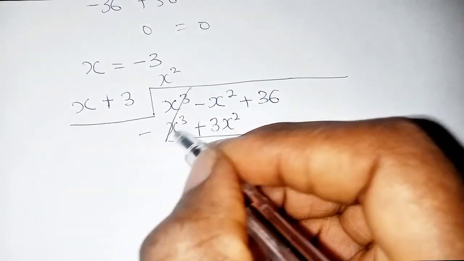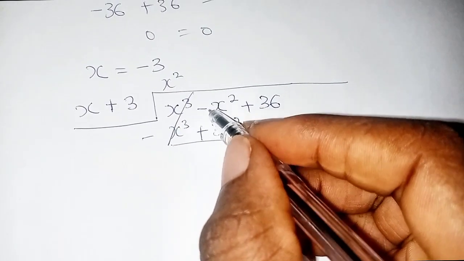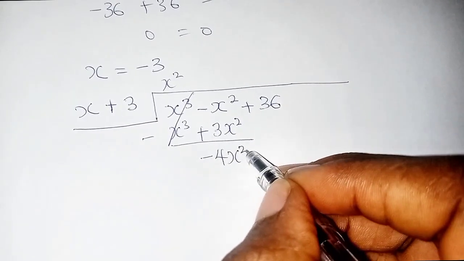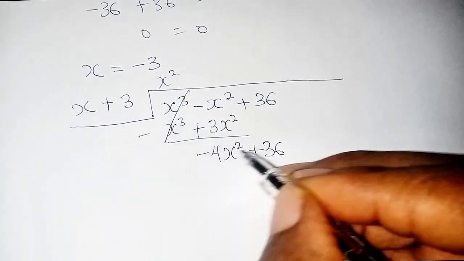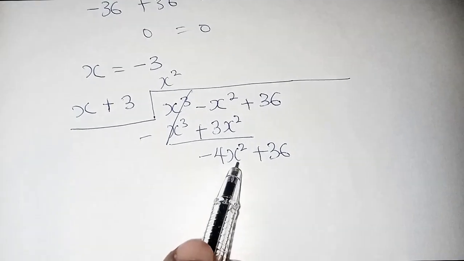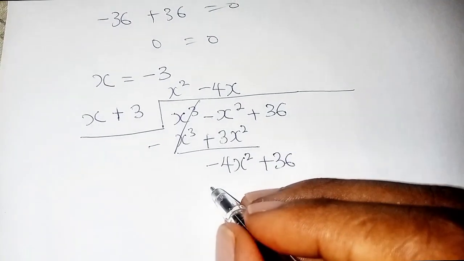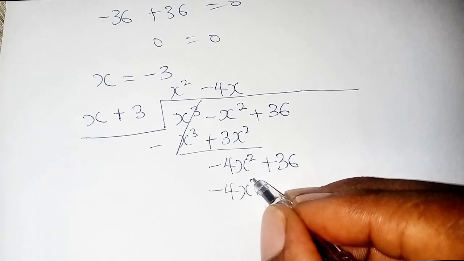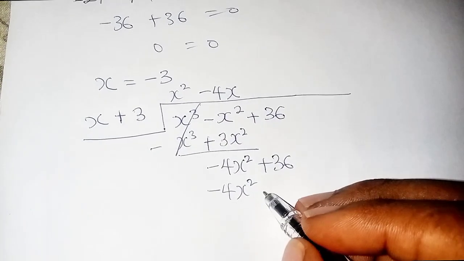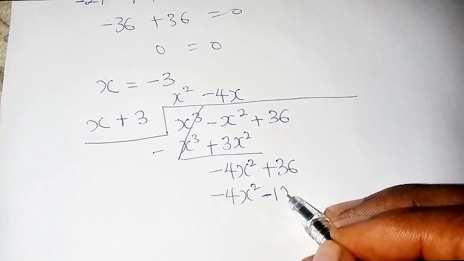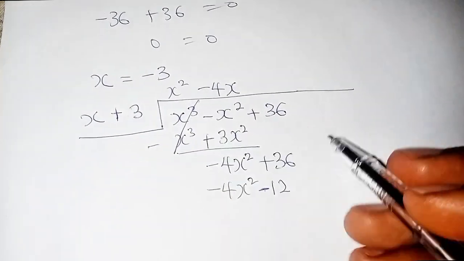When we subtract, we have minus 1 minus 3, that's minus 4x squared plus 36. x into this will give us minus 4x. When we multiply, we have minus 4x squared, and this will give us minus 12x.